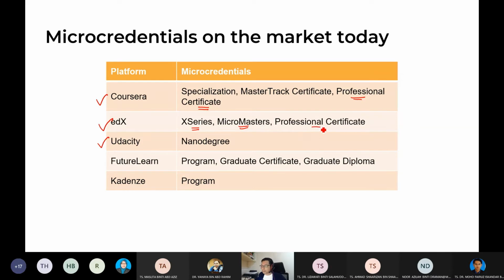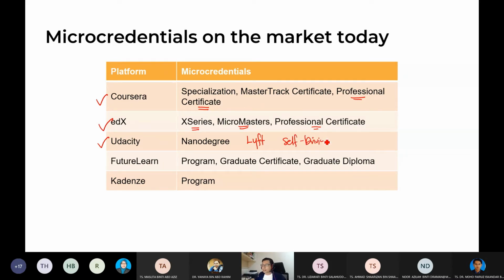MicroMasters, professional certificates also. I think edX is working more with the universities, and Coursera is more with current technology like machine learning, neural networks, big data analytics. Udacity has also worked with Lyft on self-driving cars.